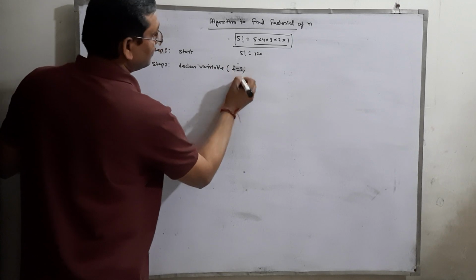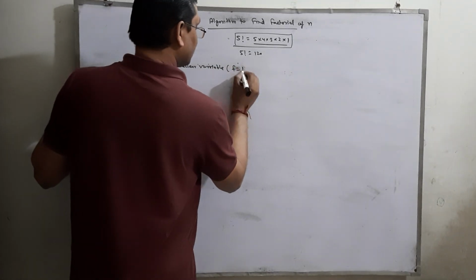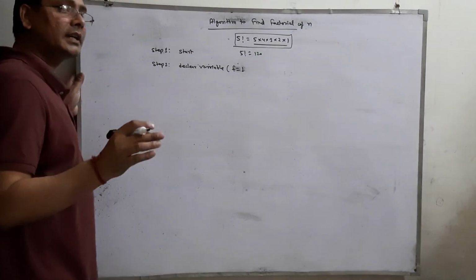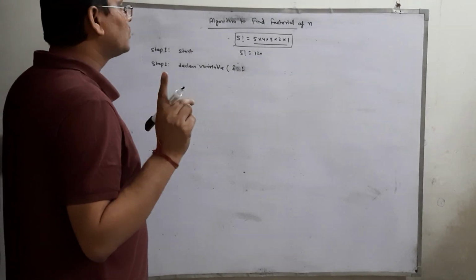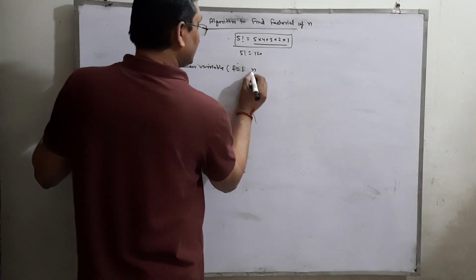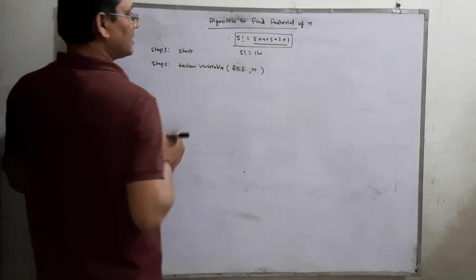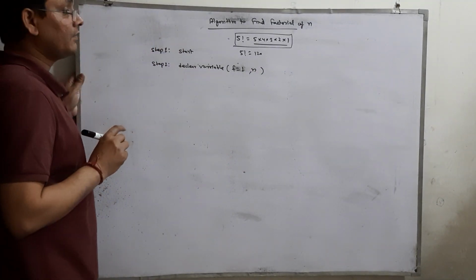Let f is equal to 1. We have already discussed, whenever we want to multiply again and again, we must take a variable with 1, and n is there. I'm taking only two variables, that is f and n.